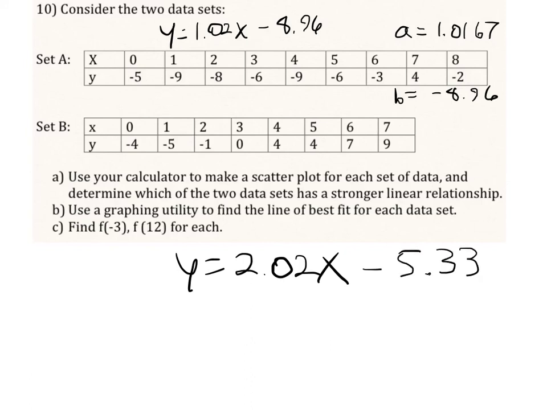All right, and when I hit graph, I need to go to y equals clear, vars, vars 5, EQ, graph. And to my eye, looks like our second one is much more linear than our first.